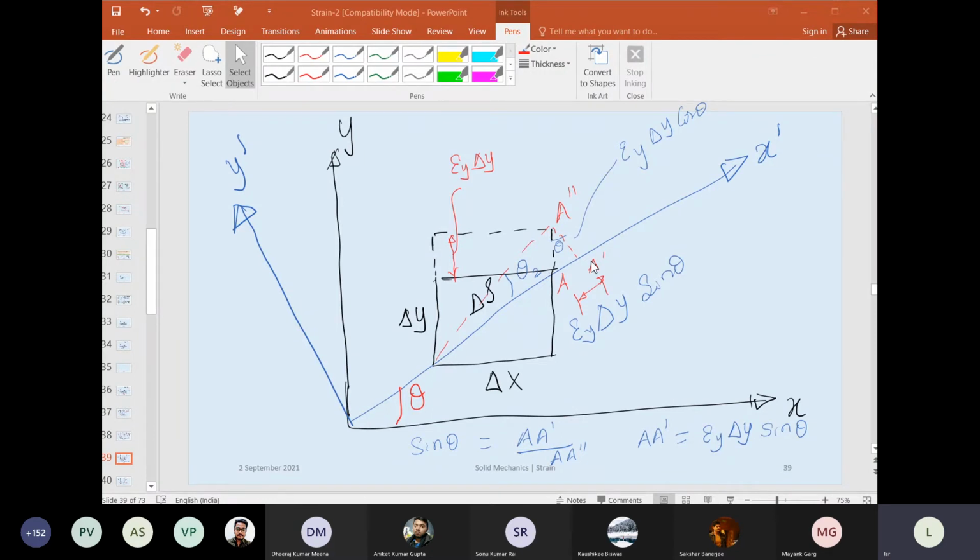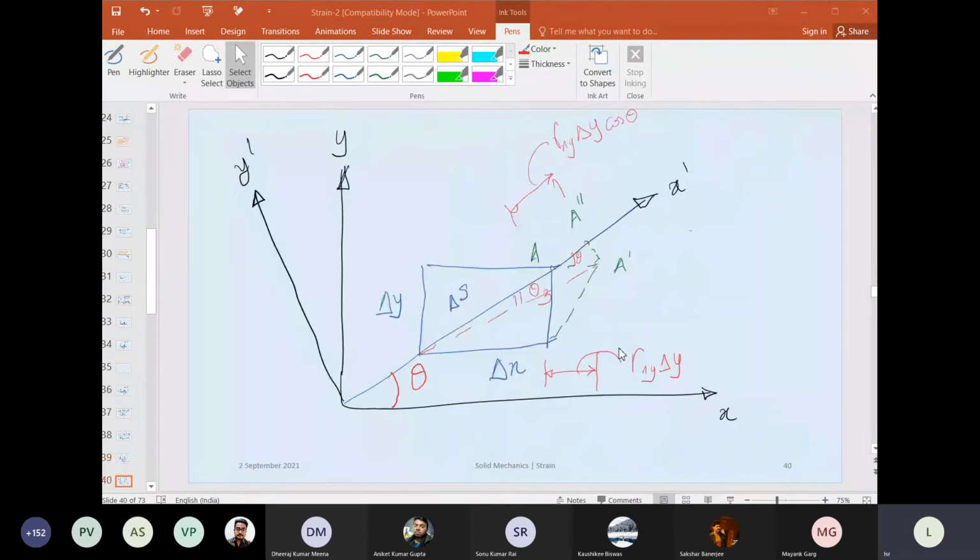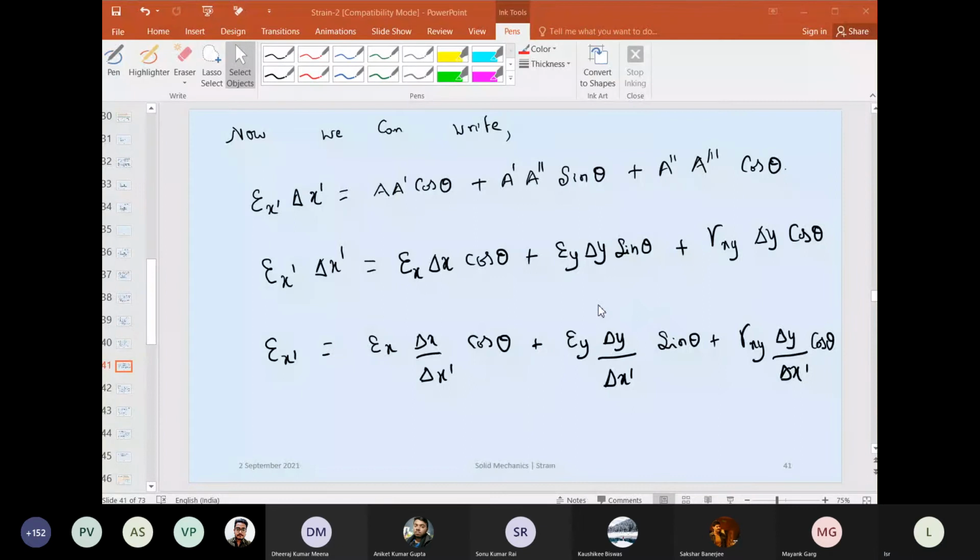So this is what I will get. So this I know that epsilon y delta y sine theta. Okay. So similarly I can project it to X prime axis, I can find out.